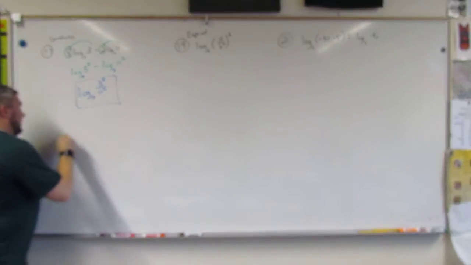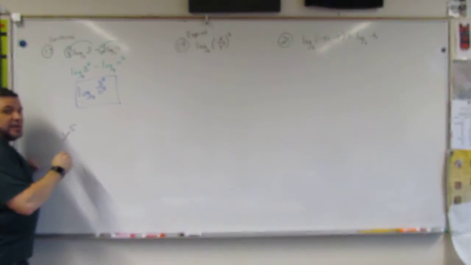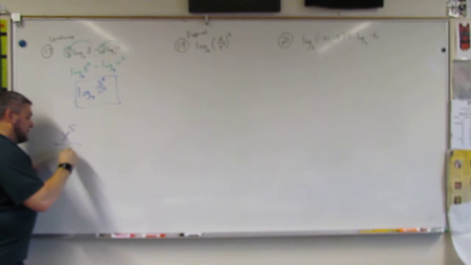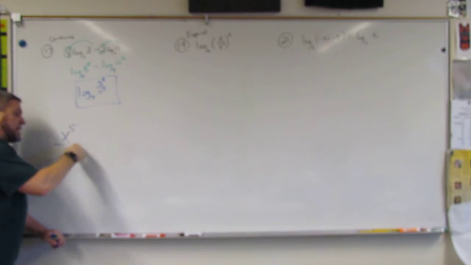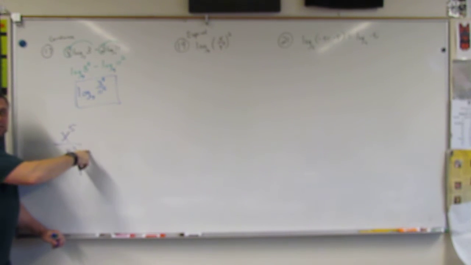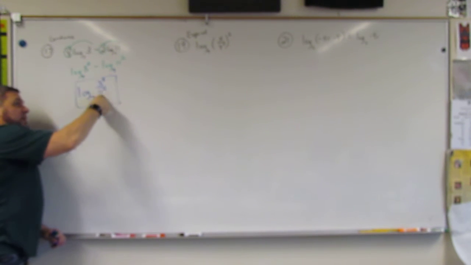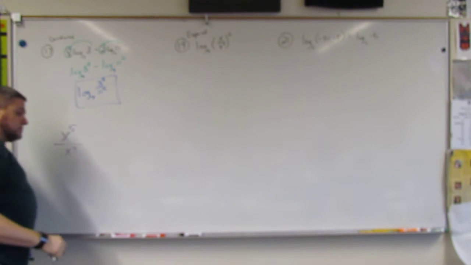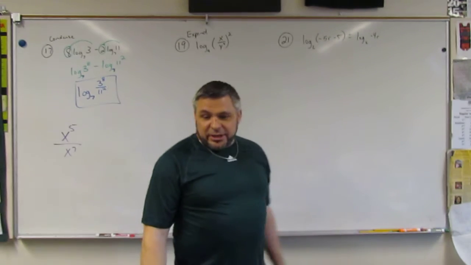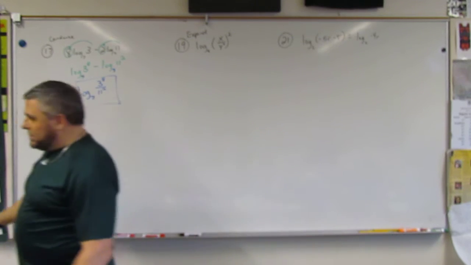If I have x to the 5th divided by x to the 7th, then I'm subtracting, right? Why am I subtracting? Because I'm dividing. And if I'm subtracting, then what am I doing? I'm dividing the powers. I still don't get it. I'm sorry. Just reload the video.